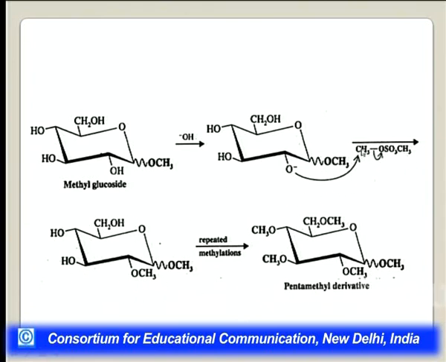So you can see the methyl group is introduced over here, and we can introduce more methyl groups over here, and over here. So you can see all the hydroxyl groups get changed to methyl derivatives. So it is 1, 2, 3, 4, 5. So you can see this is the pentamethyl derivative.